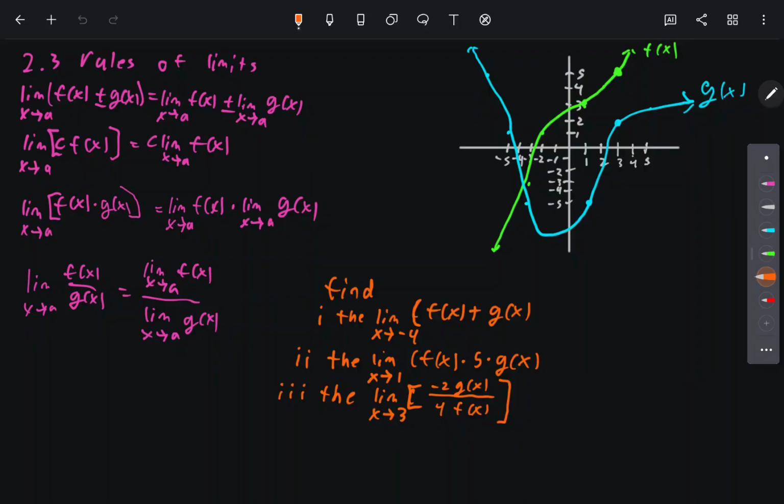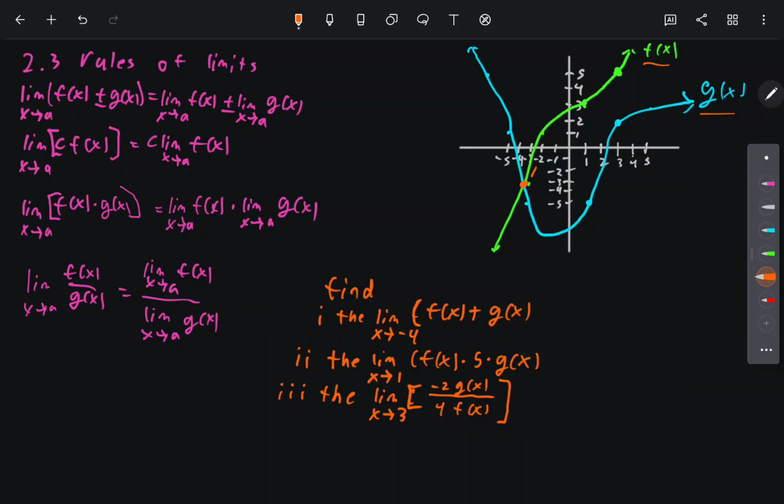So let's real quickly work through the first one. And I have a graph of f and g of x that we're going to use. As x approaches -4, it looks to approach this point of like -3 for f of x.